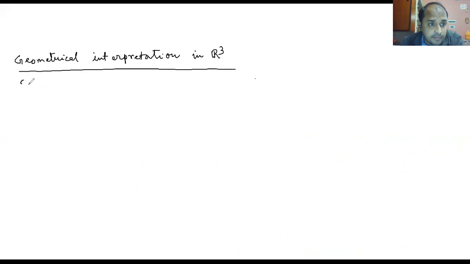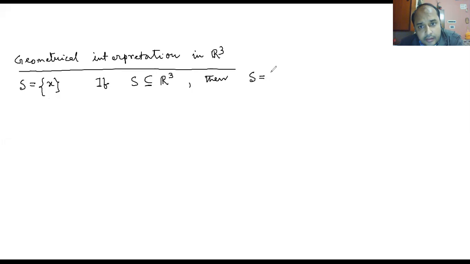My capital S was X. And if capital S is a subset of R3, then the element of S is actually a triplet.